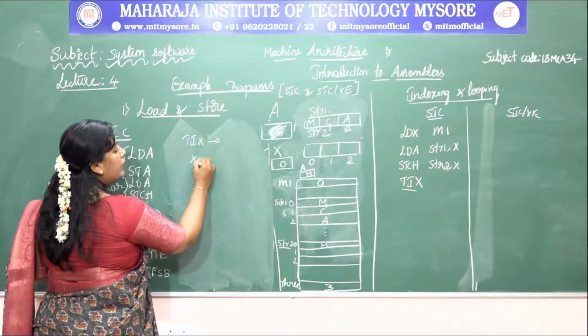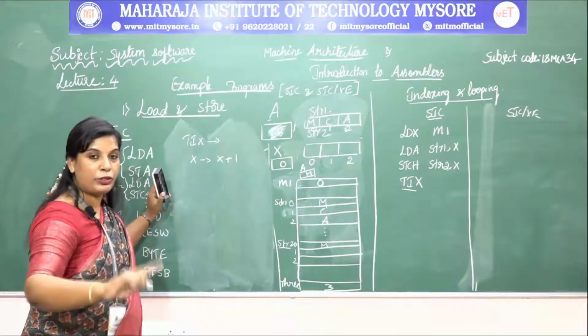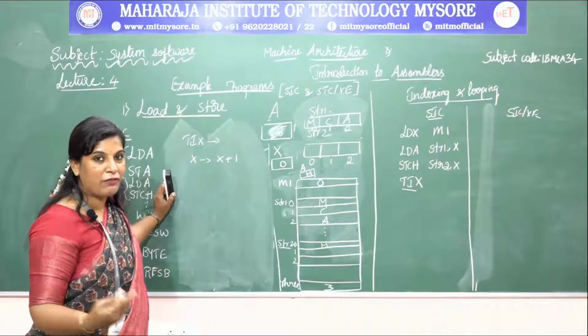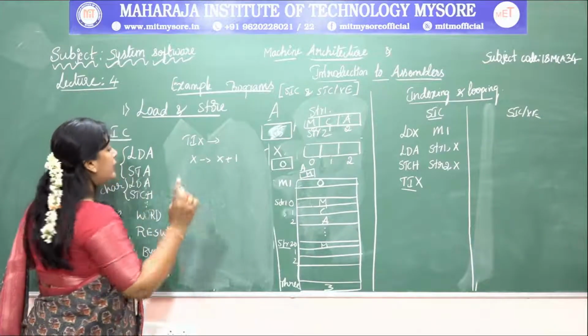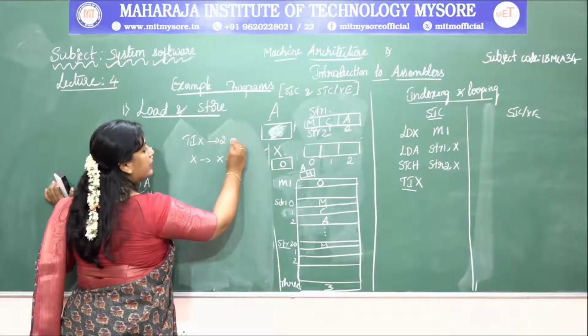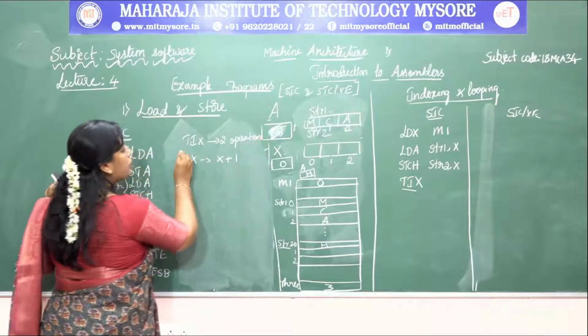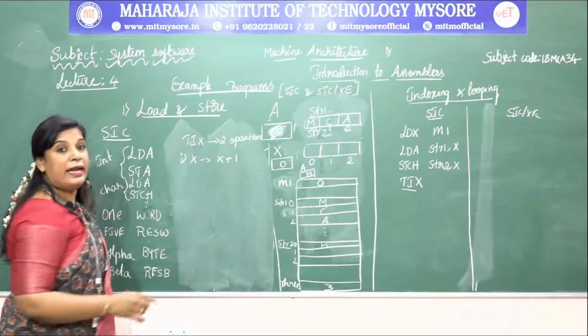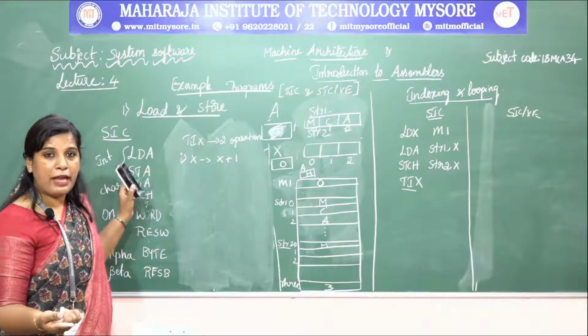First it increments the index register value by 1. It performs two operations at the same time. The first operation is incrementing the index register value by 1, adding 1 to the index register every time.